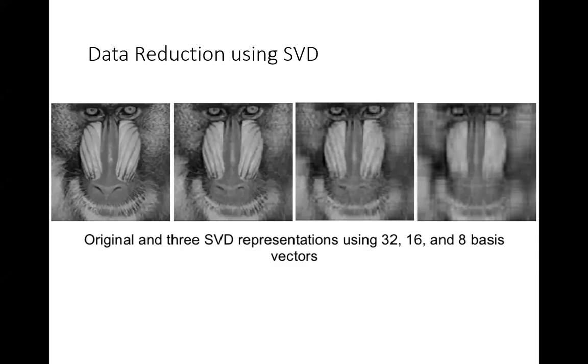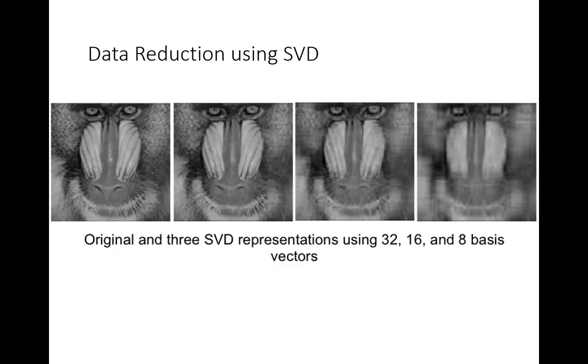If you look at the second picture, that second picture is reconstructed using only 32 singular values. The next picture is reconstructed using only 16 singular values or eigenvalues.